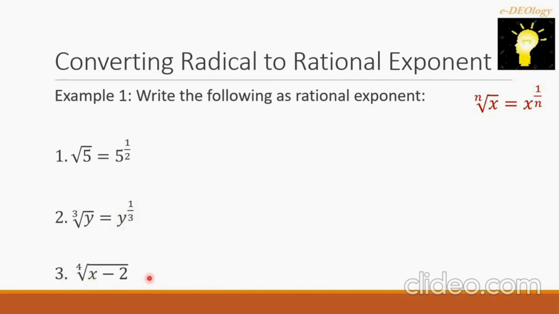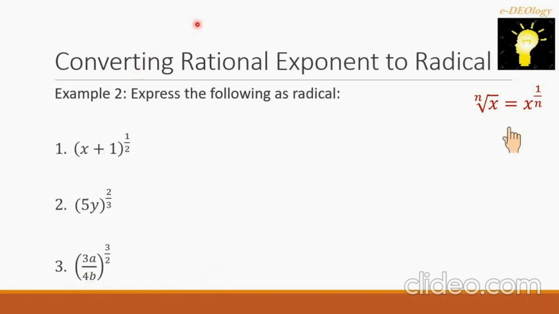First, we will copy the x minus 2, and then we will write the fractional exponent. So we write the 1 as the numerator, over the index here, the 4, we copy that as the denominator here. So 1 over 4. Our final answer, x minus 2, all raised to the exponent 1 over 4.